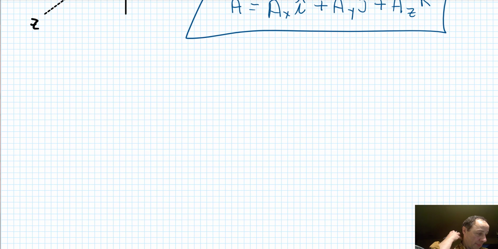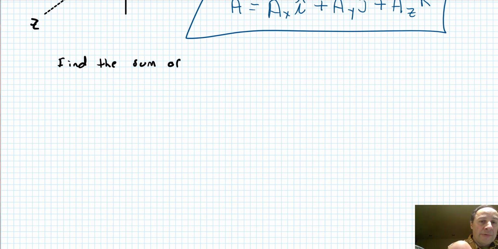Okay, so little example here. Find the sum of two vectors lying in the xy plane.